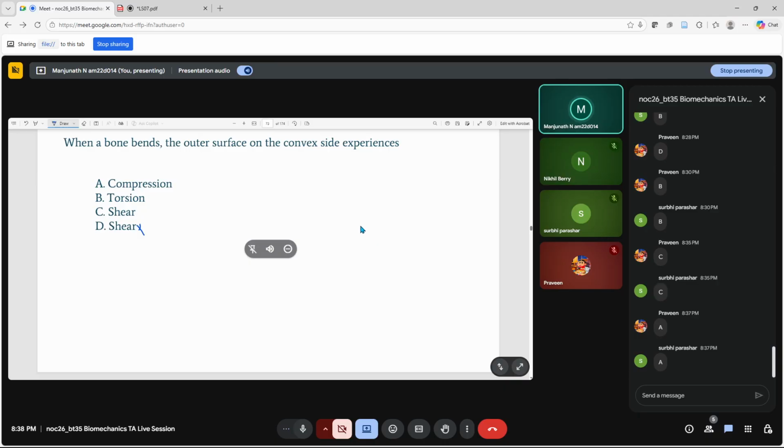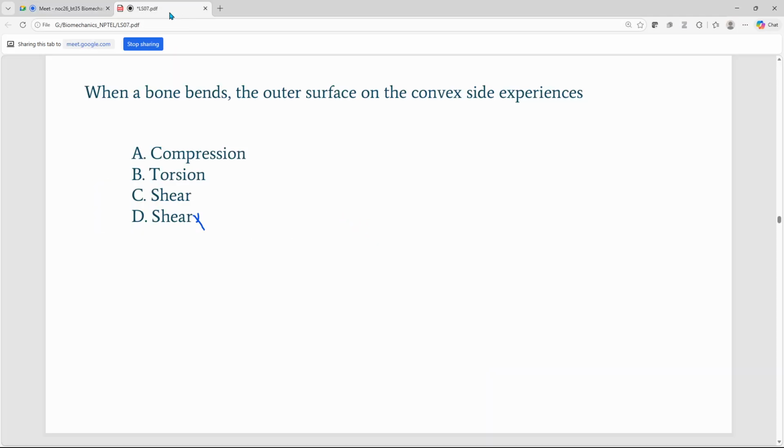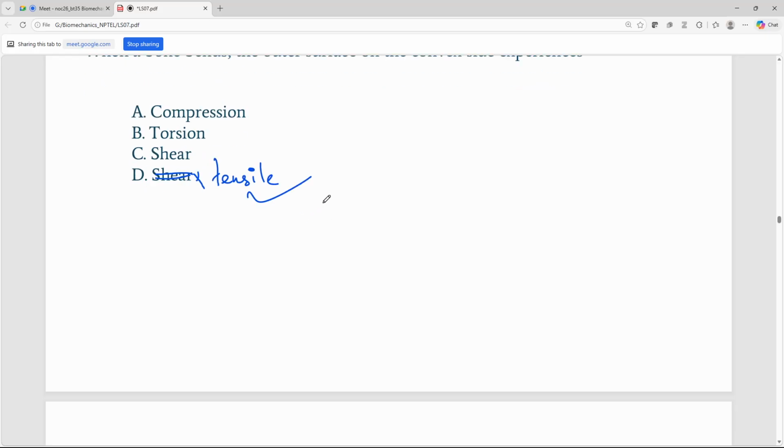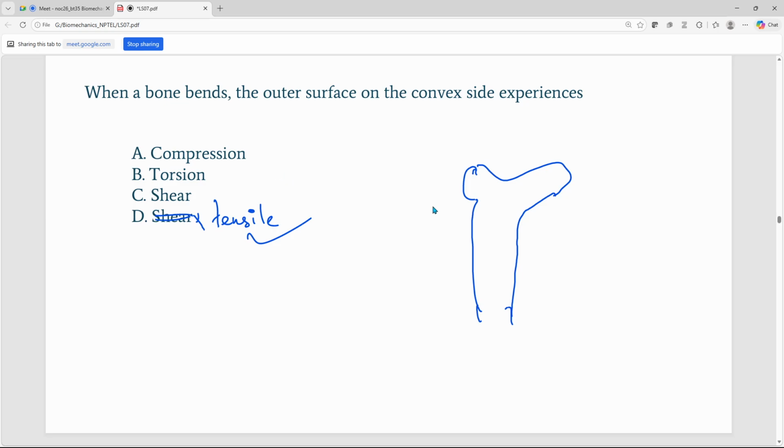Okay, the correct answer is tensile. That is the correct answer. Option D was not there. So suppose this is a bone, and this is the convex side and concave.